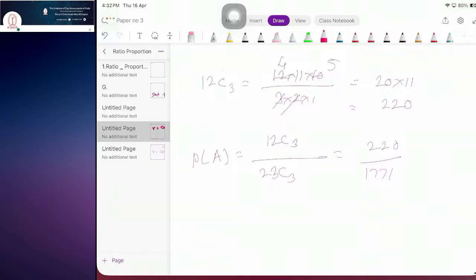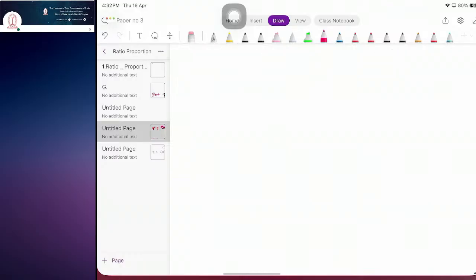Next question is, 3 balls are one of each color. That is our event. In this particular case also, if B is an event, the 3 balls are each of one color.